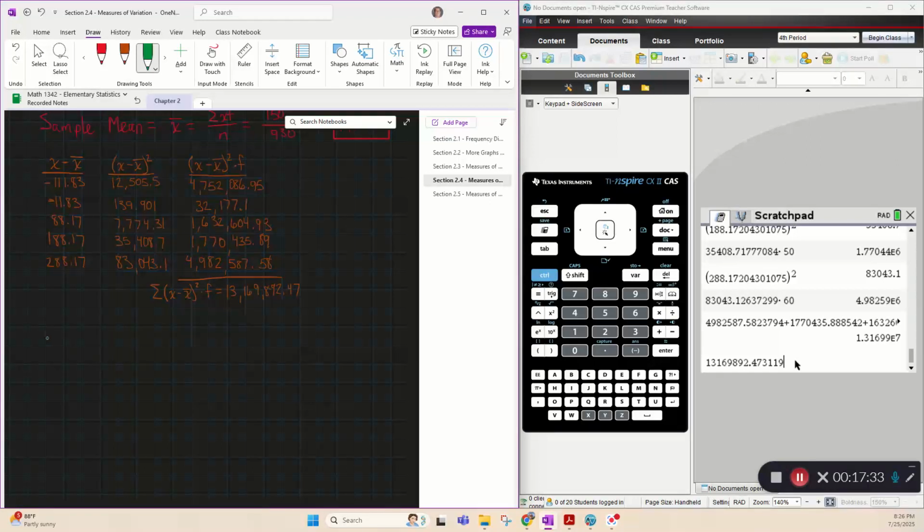Okay, so if I think of the formula for what I'm doing, S squared, which I don't want S squared, I want S, not S squared. But S squared will be easier at first. X minus X bar squared times F divided by N minus 1. So that's going to be this whole 13,169,892.47 divided by 930 minus 1, so 929.